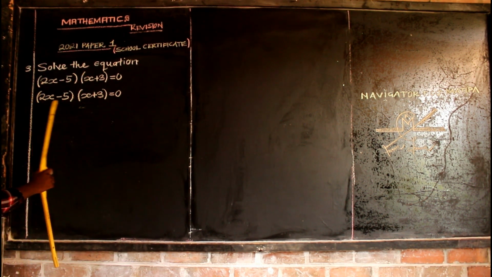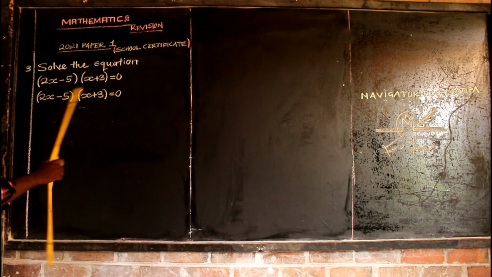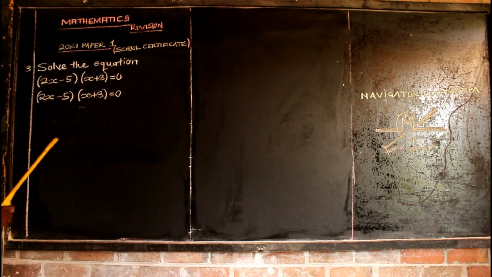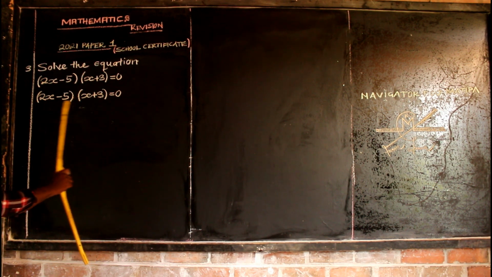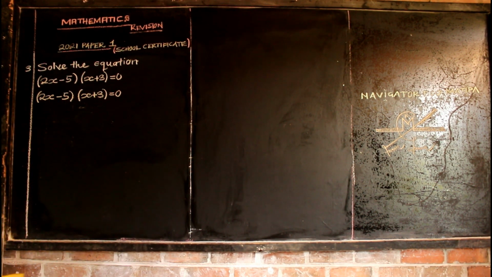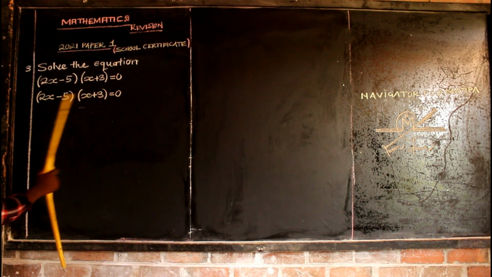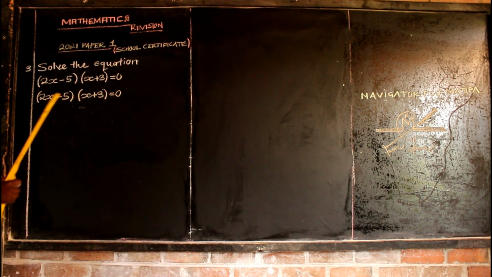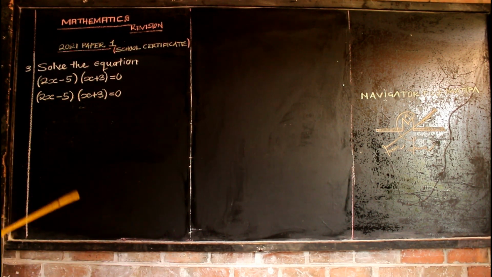After finding the factors of that quadratic equation, these are the factors, and from them this equation was derived. In this case, it is simple. What they are simply asking you to do is to find the two roots.